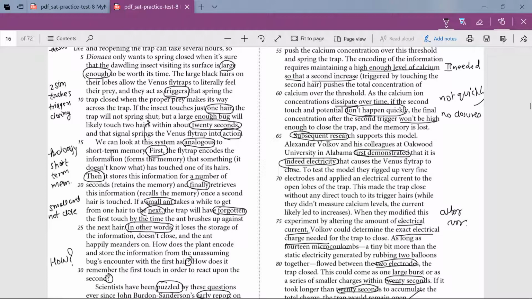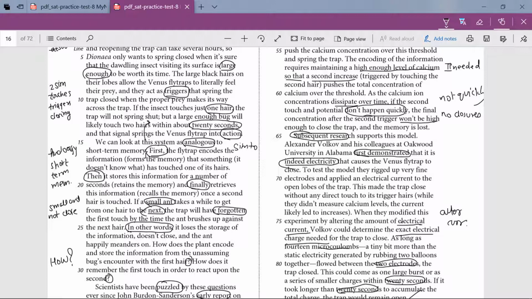as analogous to short-term memory. So they have discussed some system which is analogous to, which means similar to. They are making a comparison of this system with short-term memory. Human beings have short-term memory, and they are making a comparison here.